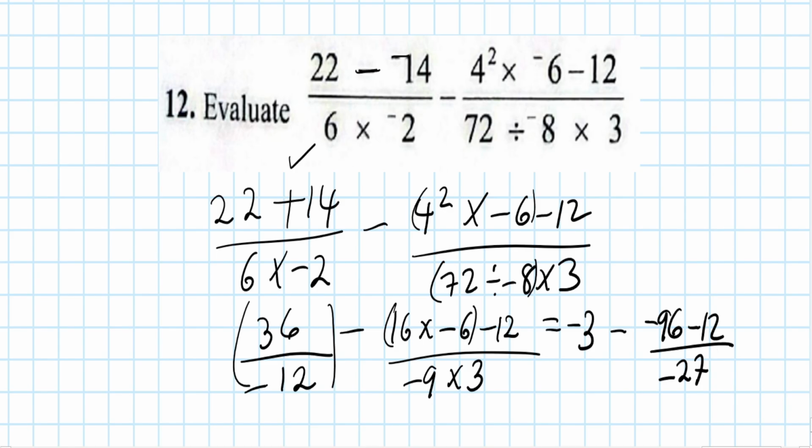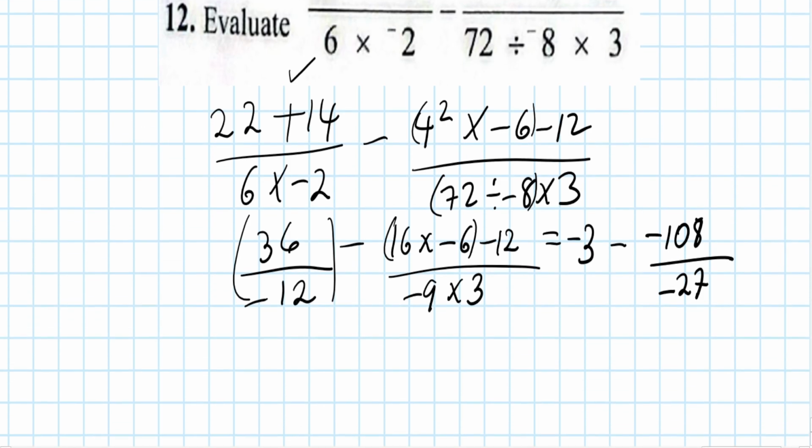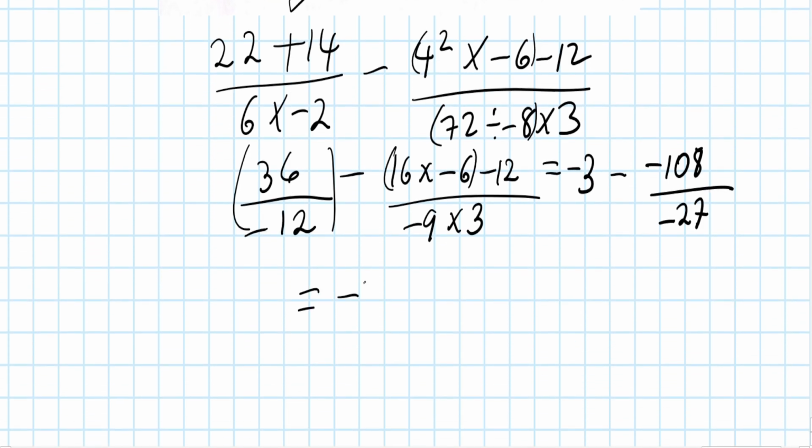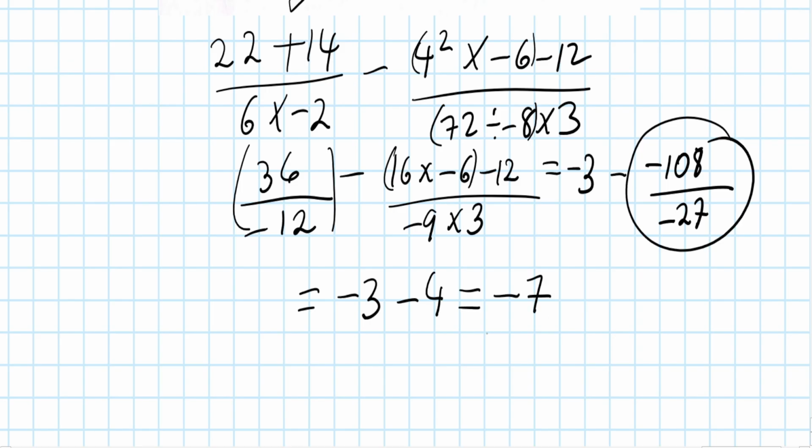Minus 96 minus 12 will give you minus 108. Minus 108 divided by minus 27, which is 4. Okay, so the answer to that, minus 3 minus this one would give you 4, minus 3 minus 4 would give you minus 7, and that is your answer.